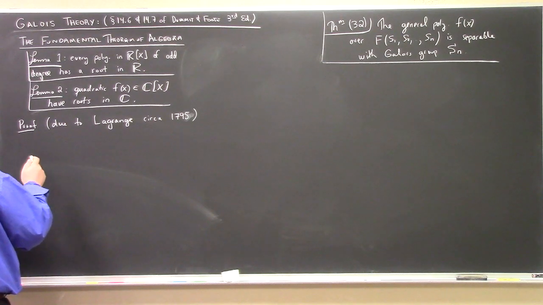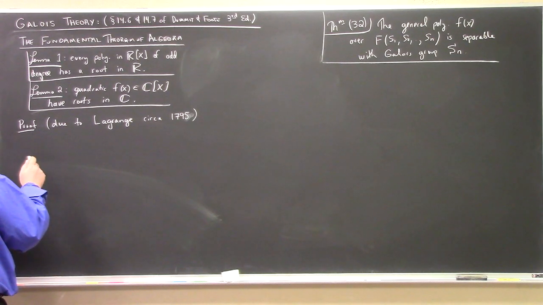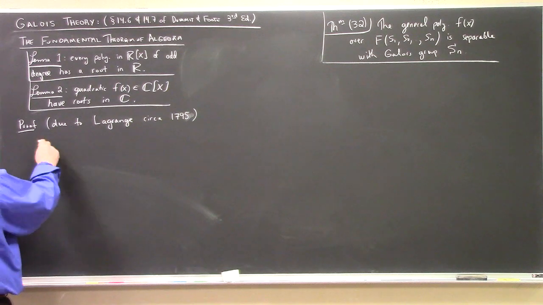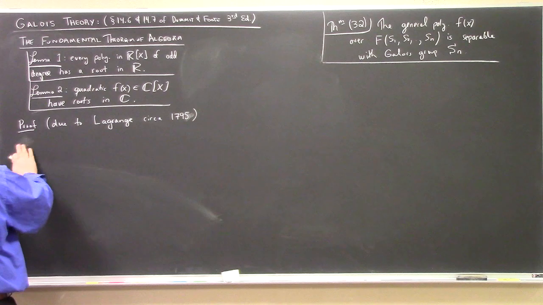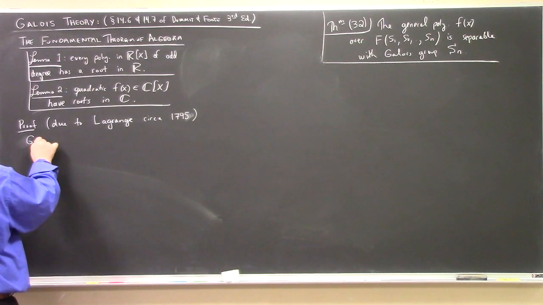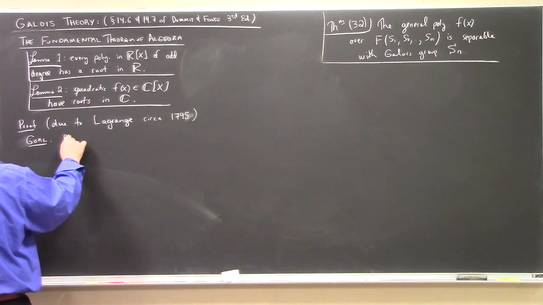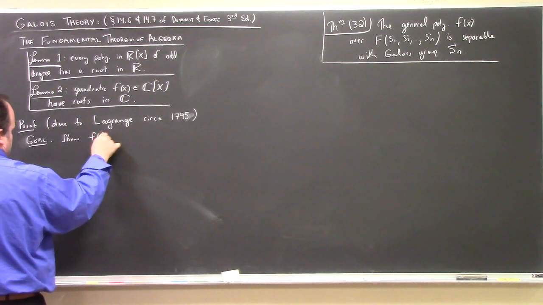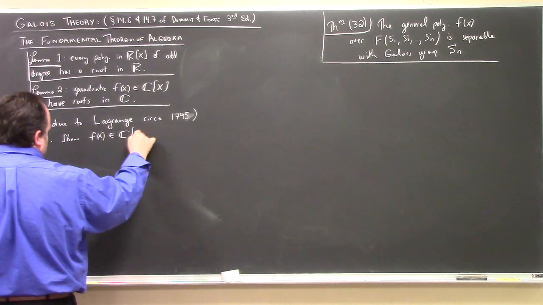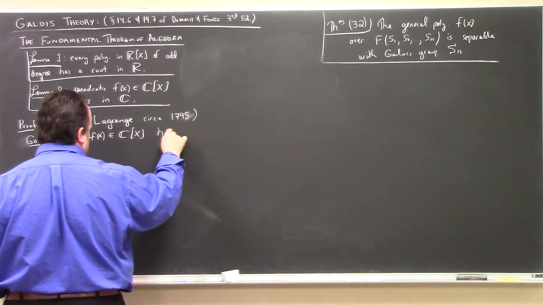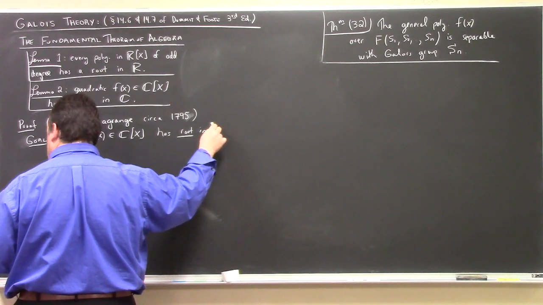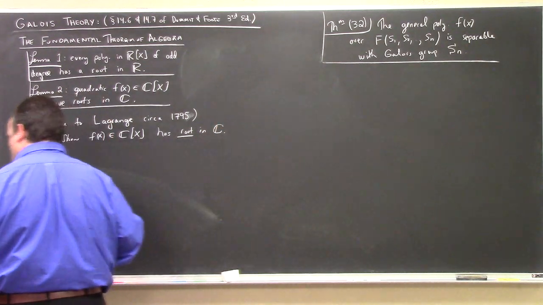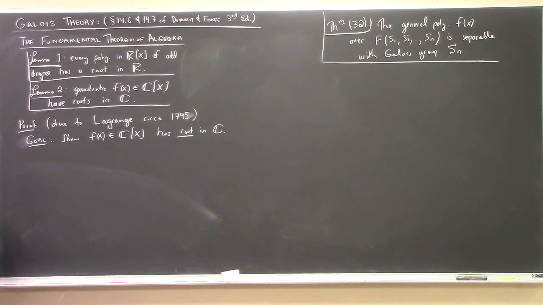He says, it suffices to prove that every polynomial f of x has a root in C. So our goal is to show that f of x, a polynomial with complex coefficients, has a root in C. Now, he begins with a really sneaky step.